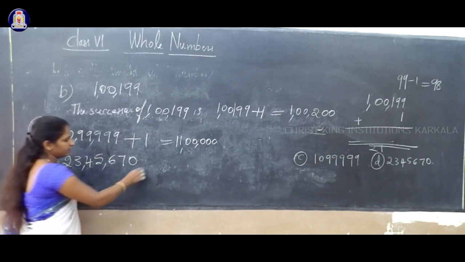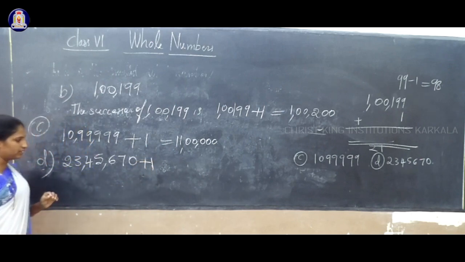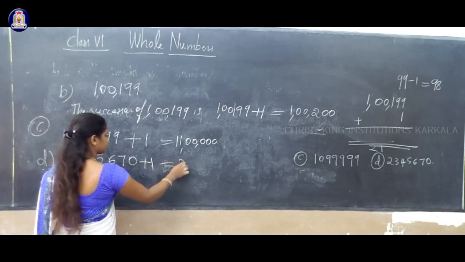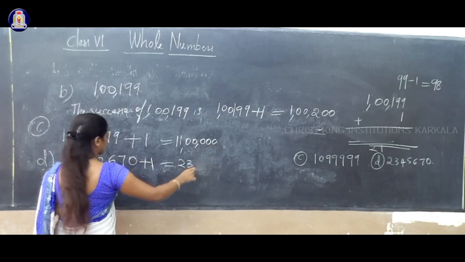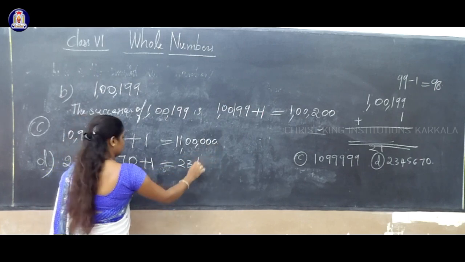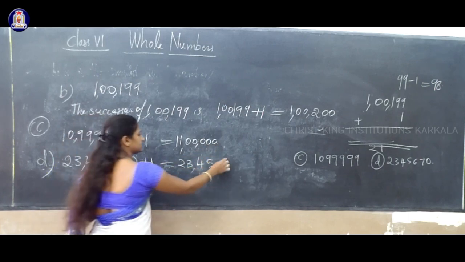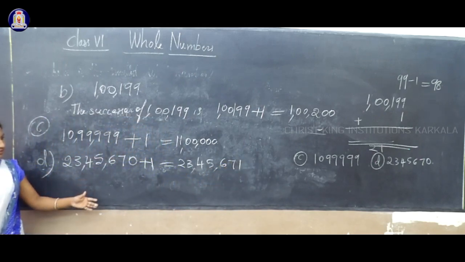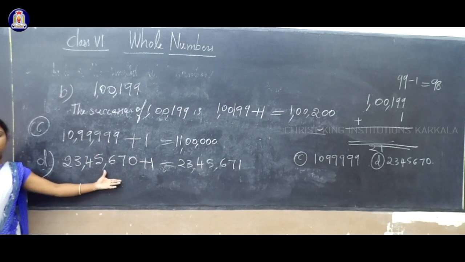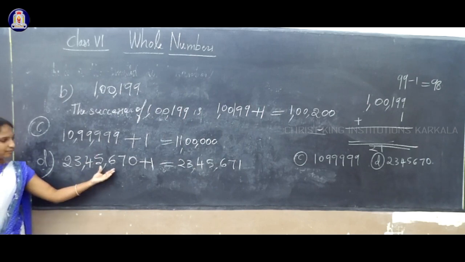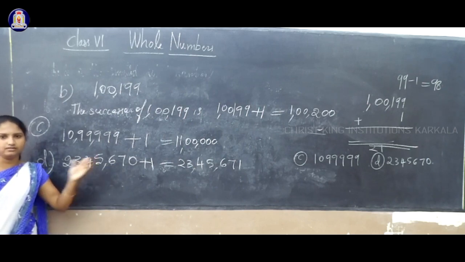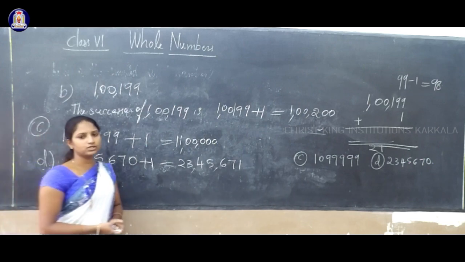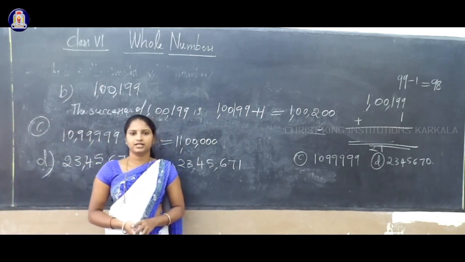So we have to add plus 1. So write directly 23 lakh 45,671. So this is the successor. Predecessor means you have to subtract 1 from this. Clear? Yes. So this is the solution to these questions.